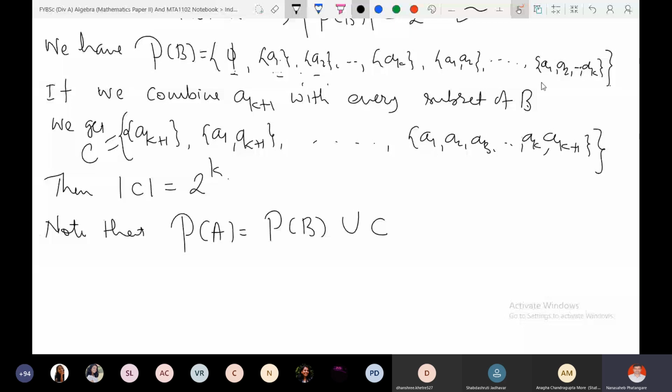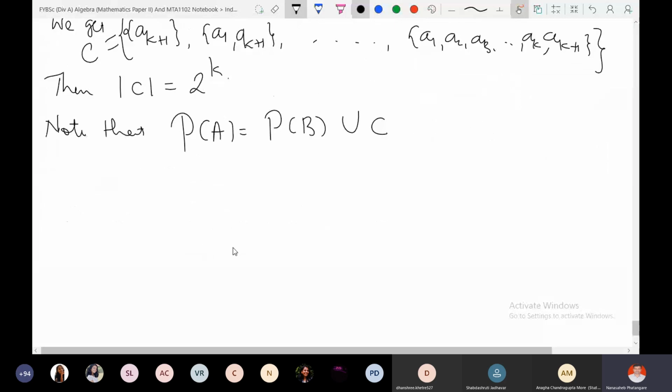So clearly these sets and these sets are distinct, and these are 2 raised to K and these are 2 raised to K, and these two together, the power set of B and C together, will give us all the subsets of A, that you can check easily, right?